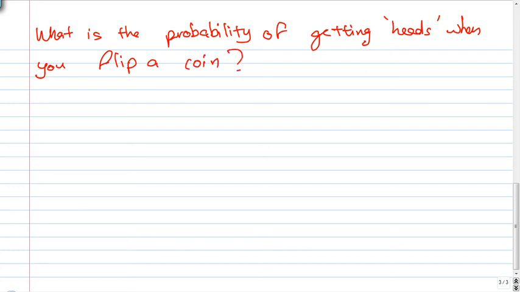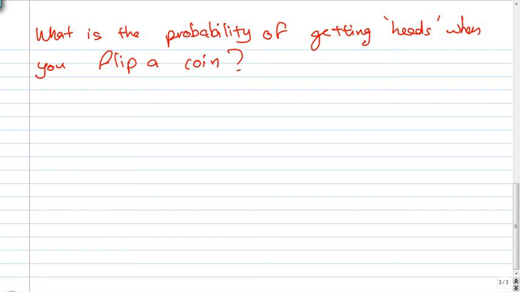You throw a coin up in the air and let it land on the palm of your hand. What's the probability of getting heads when you do so?